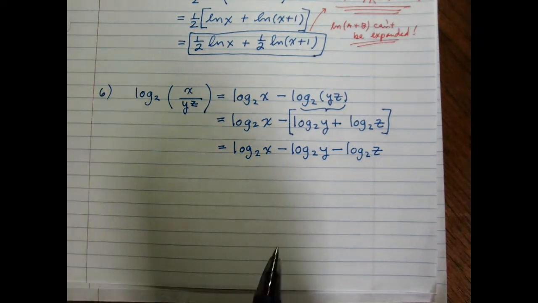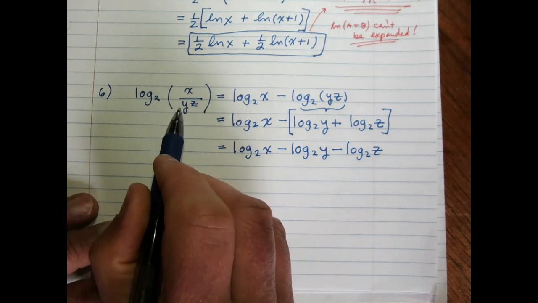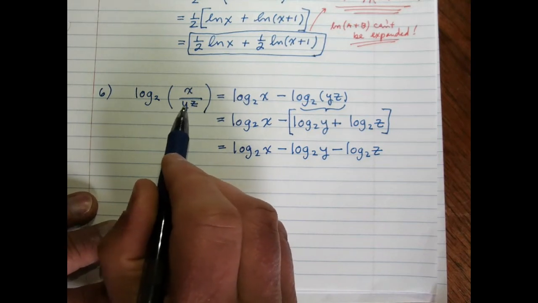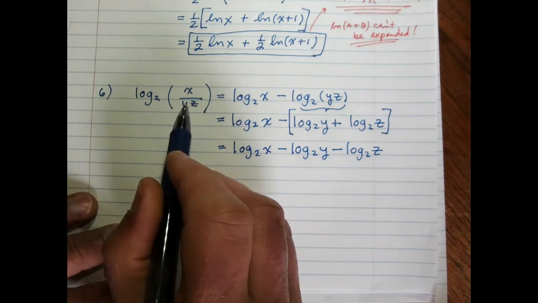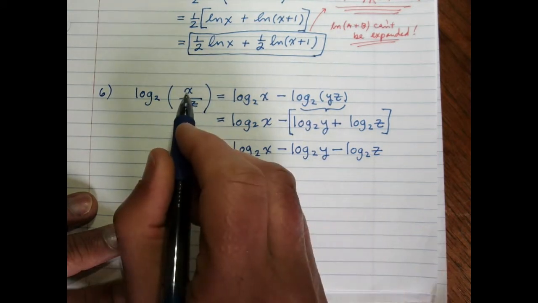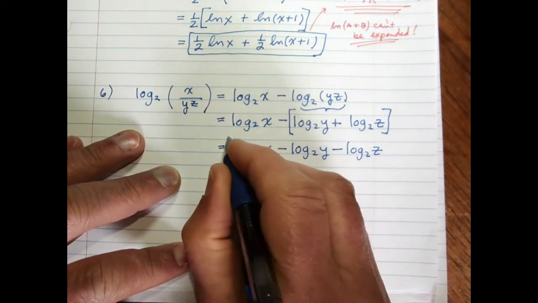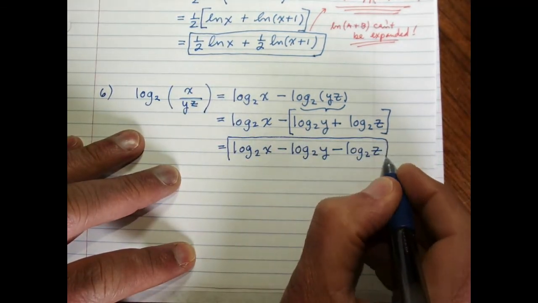And sometimes the way I think of this result is when I go back to the original problem, I just notice y and z were factors in the denominator. They both ended up with a minus sign in front. X was from the numerator, it ended up with a positive coefficient, or a positive 1 understood.